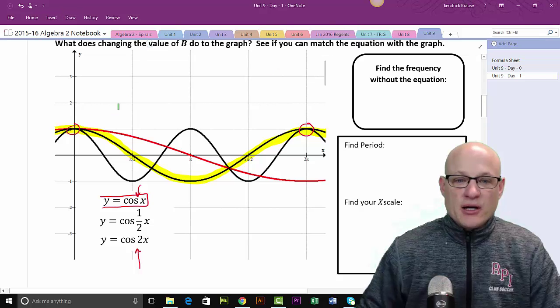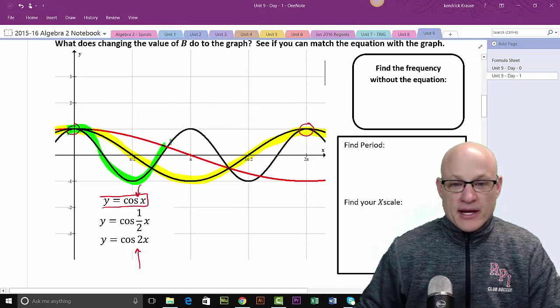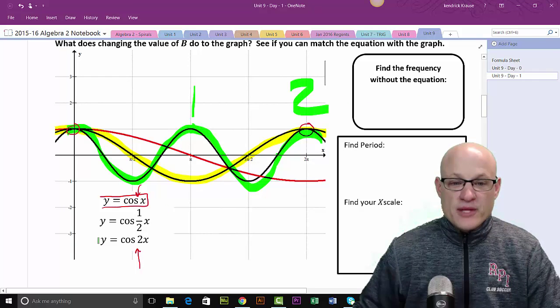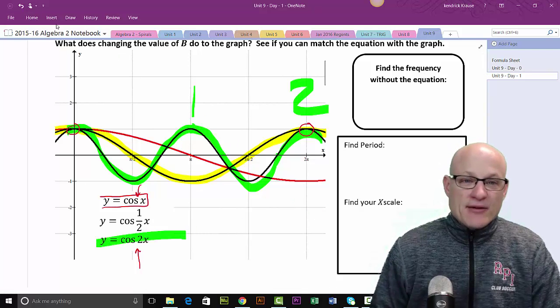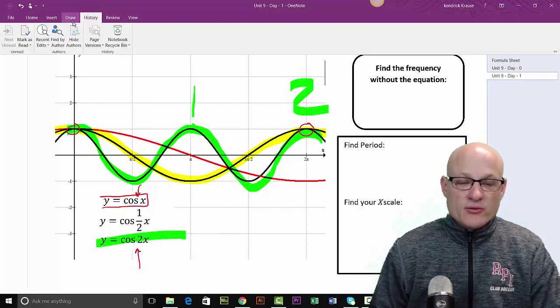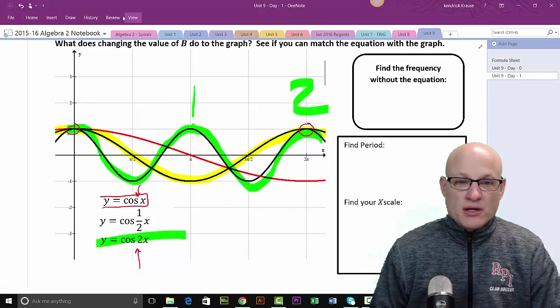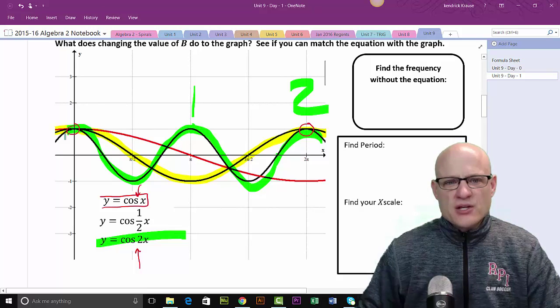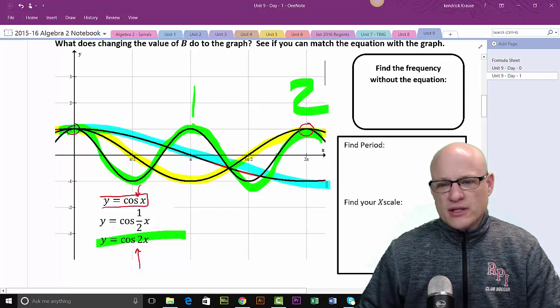Whereas the black one starts here, goes down and back up to a maximum. There's 1. And then goes down and back up to a maximum. And that would be 2. So that would be 2 curves, that green one. And finally, this last one, which is the red one, probably should do this in blue though, maybe so you can see it better. The blue one starts at a maximum, but it ends at a minimum. It ends down here.